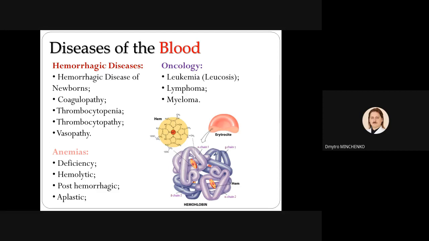Anemias. Anemias can be classified into deficiency, hemolytic, post-hemorrhagic, and aplastic. And oncological blood disorders, which can be classified as leukemia or leukosis, lymphoma, and myeloma.